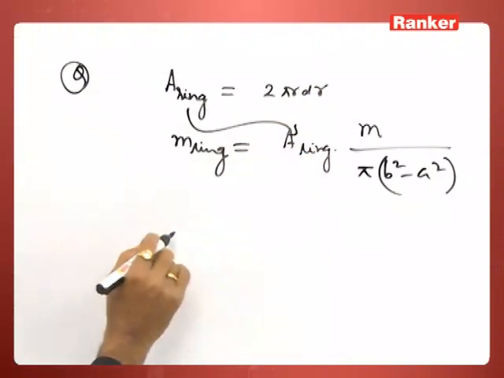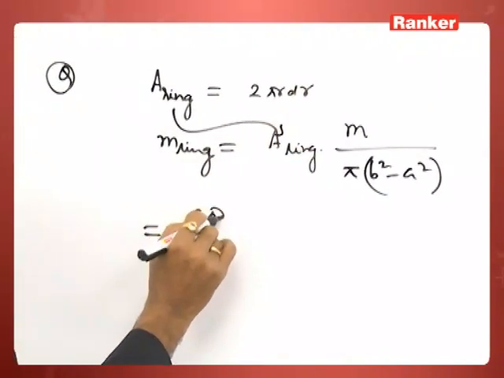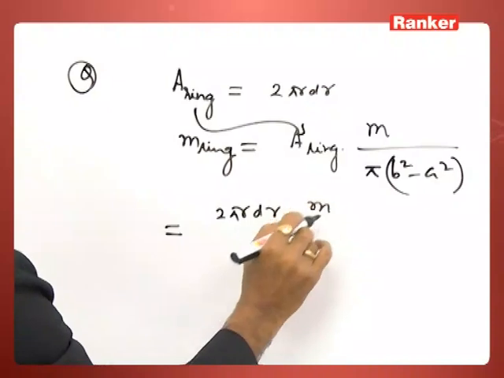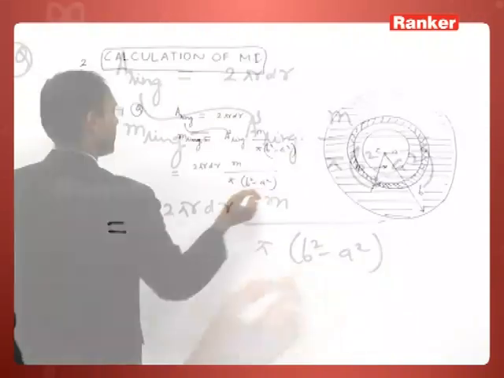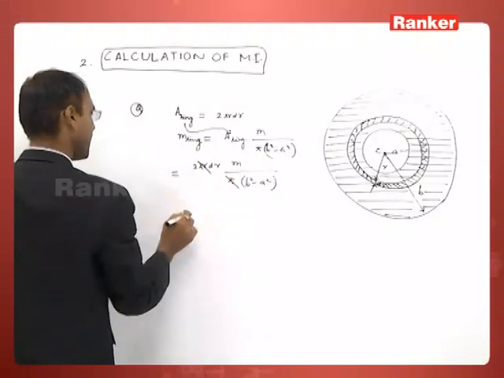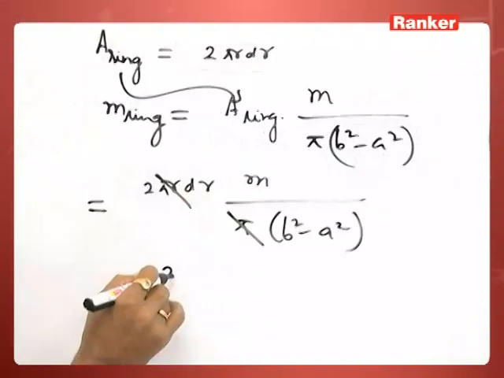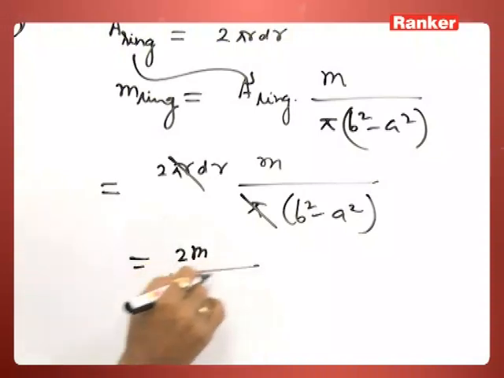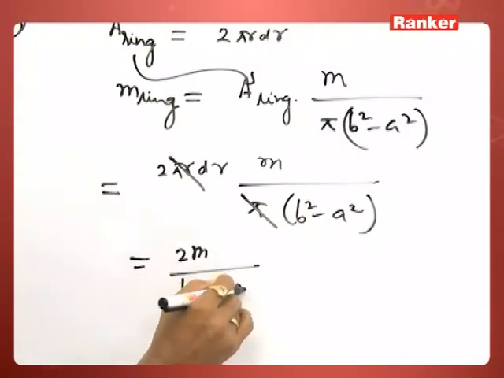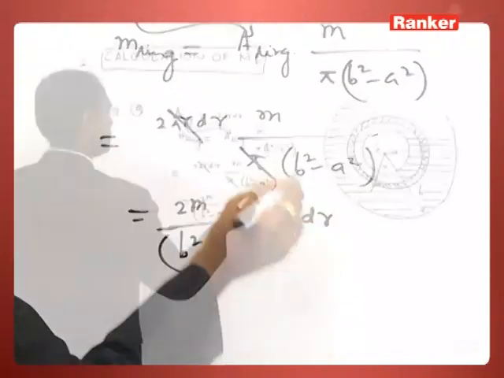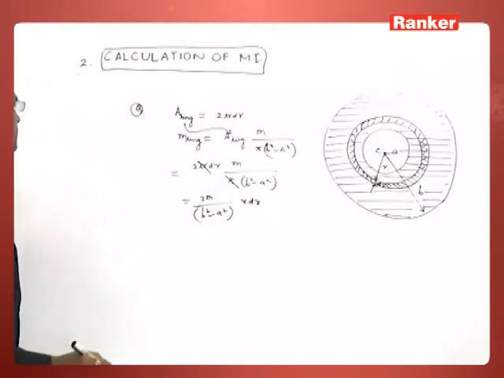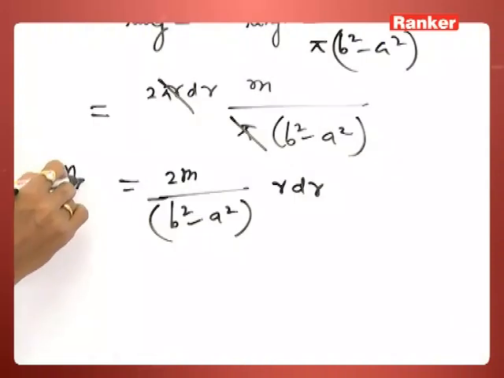Substitute the area of the ring, 2 pi r dr, into M by pi times B square minus A square. Pi will be getting cancelled. So 2M by B square minus A square, r dr. This is the mass of the ring.